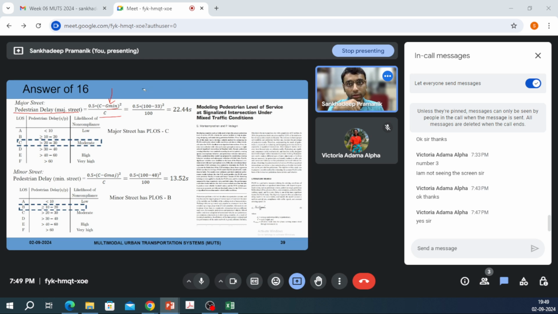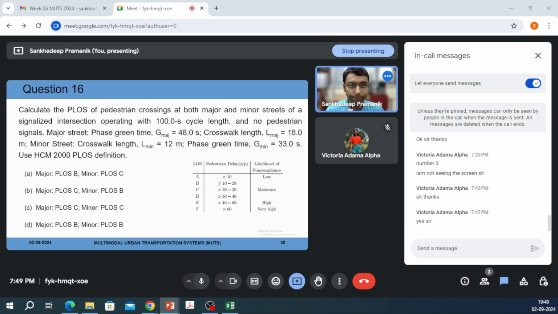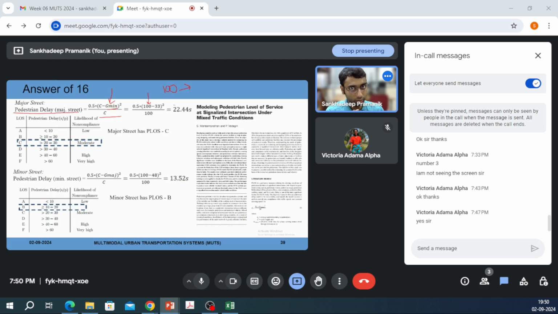Just a minute, in this question we have been told that 100 seconds is the total cycle length. Now among that, for the major road there is a green time of 48 seconds, and for the minor road the green time is 33 seconds. So you can understand that the pedestrian can only cross the major road when there is no vehicle on the major road.